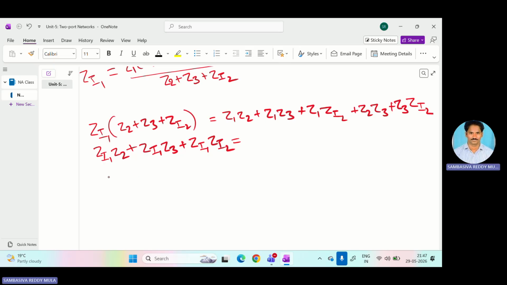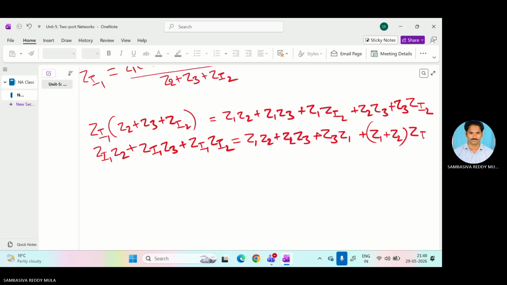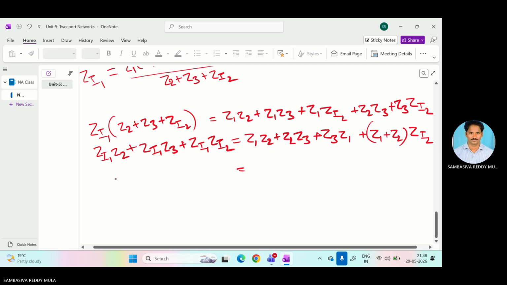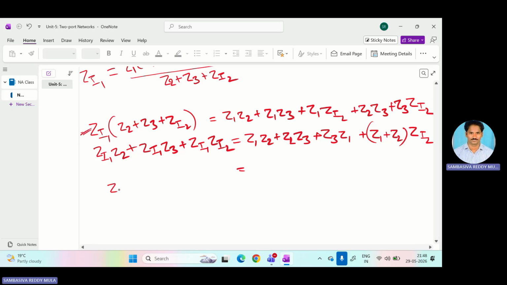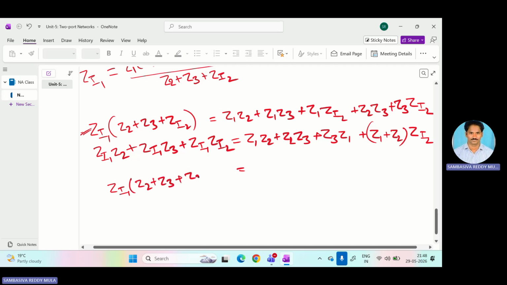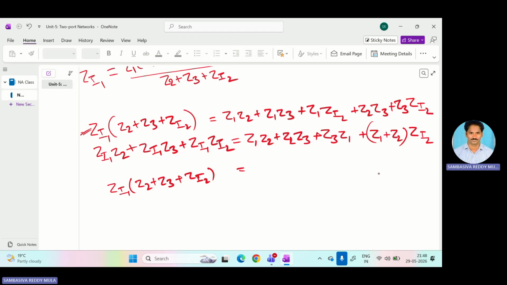What we are getting here is Z1 Z2 plus Z2 Z3 plus Z3 Z1 plus Z1 plus Z2 into ZI2. Here we will consider ZI1 into Z2 plus Z3 plus ZI2. This is one equation.